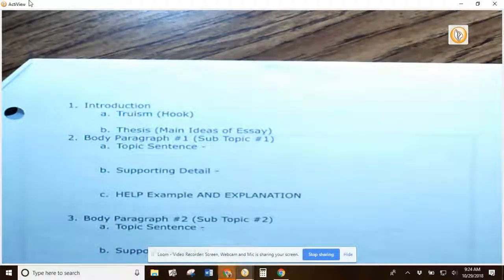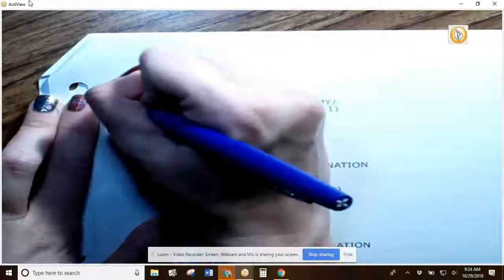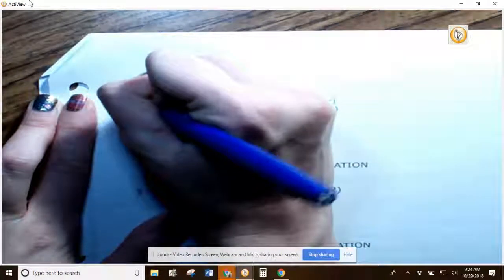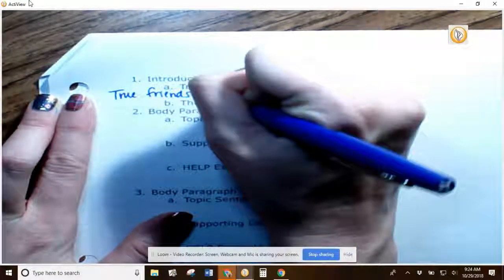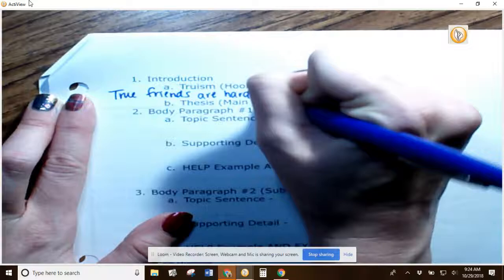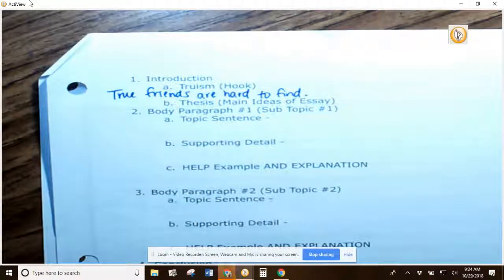So a truism for friendship might be something like, true friends are hard to find. Is that a fairly true statement? True friends are hard to find? Yes.